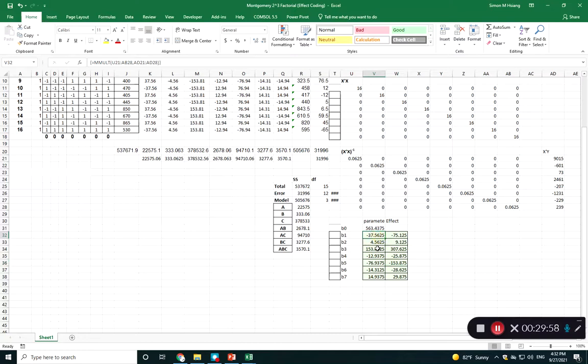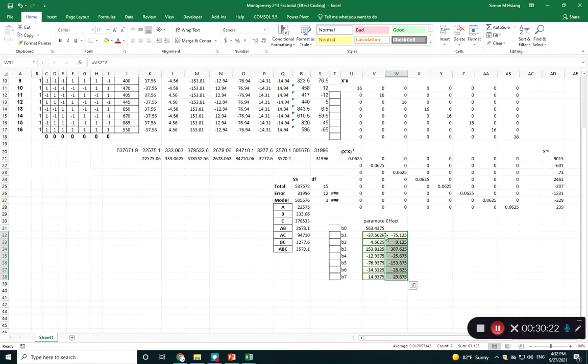And remember, when you have the parameter, if you're using -1 to +1, it's 2 steps, right? So everything needs to be doubled. Because if I only use one, I've only moved from -1 to 0. So I need 2 steps multiplied by 2. That will give you the effect.